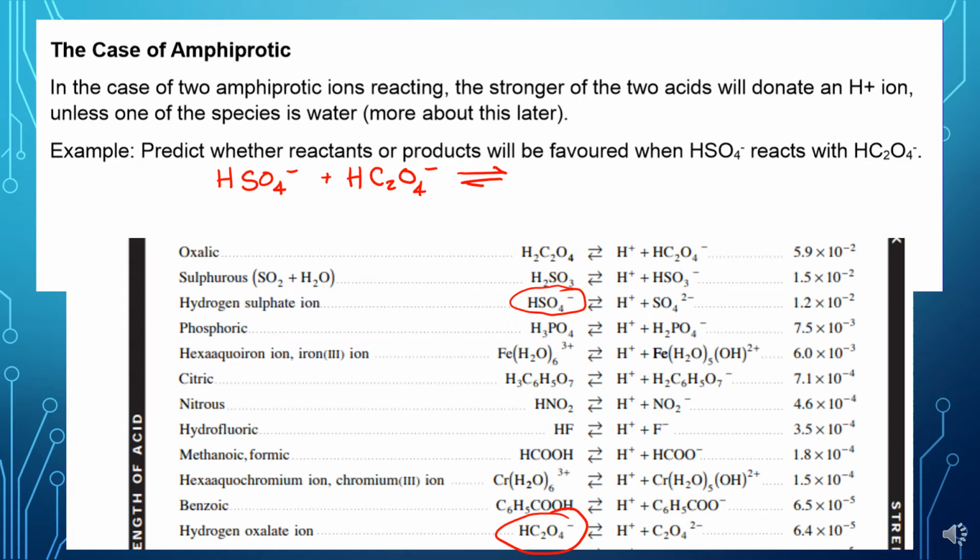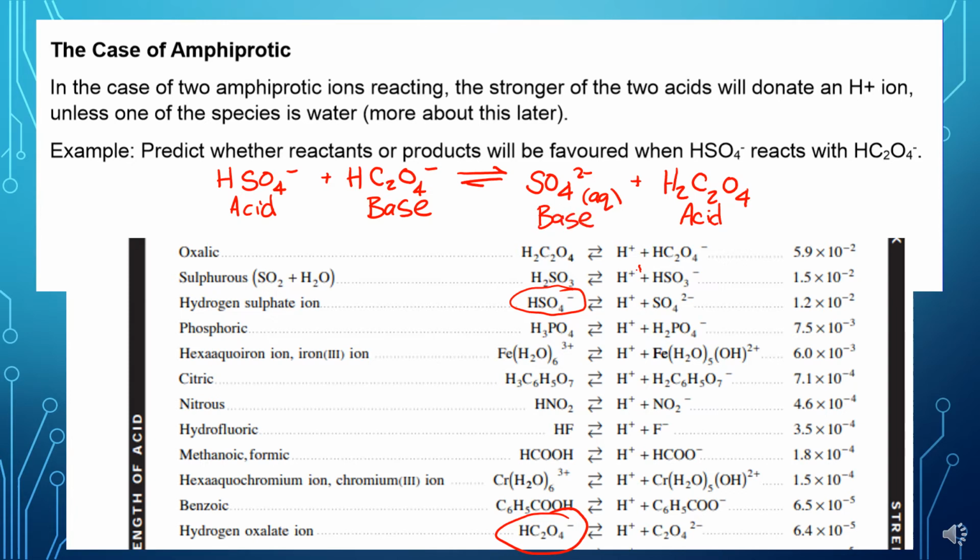So it's going to act as the acid in this case. And this one's going to act as the base. So that acid is going to donate the hydrogen ion. The base is going to accept it. So I've got oxalic acid on the right-hand side, and I've got that sulfate ion as my base.